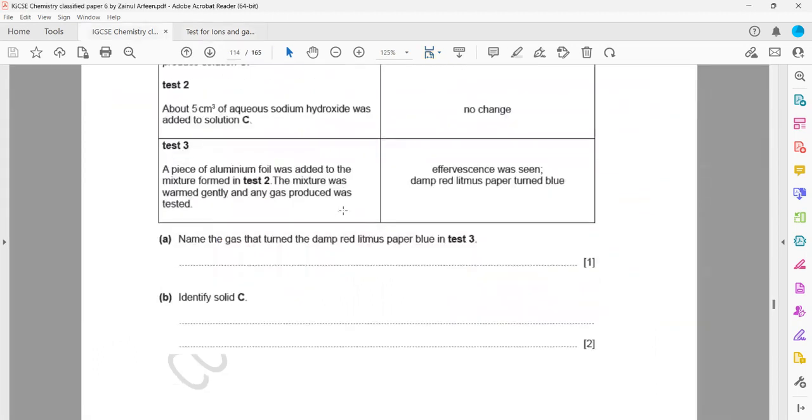Name the gas: ammonia. That is right. And identify the solid. We identified lithium, and we identified nitrate. So it is lithium nitrate.